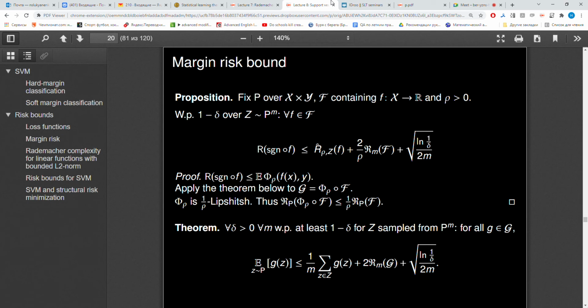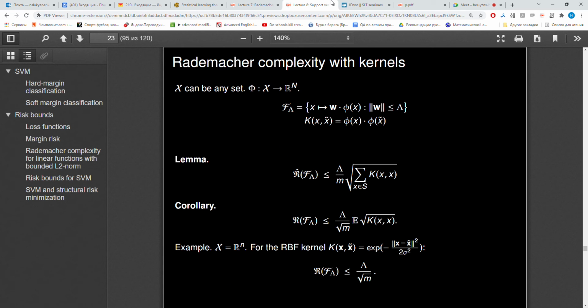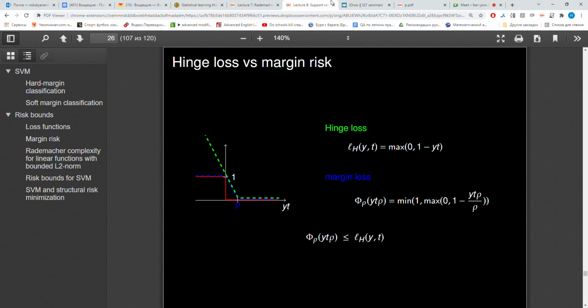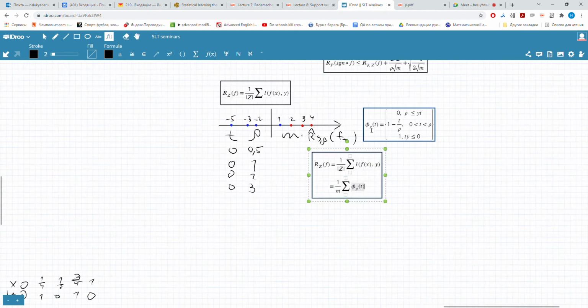One second, I need some time to be sure that I wrote it correctly. Okay, I don't think we need it. Okay, what can we say in our situation? But how can we compute?